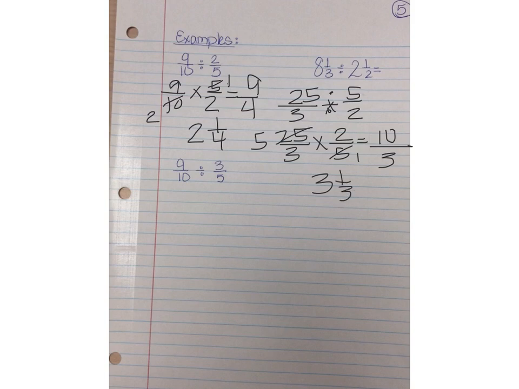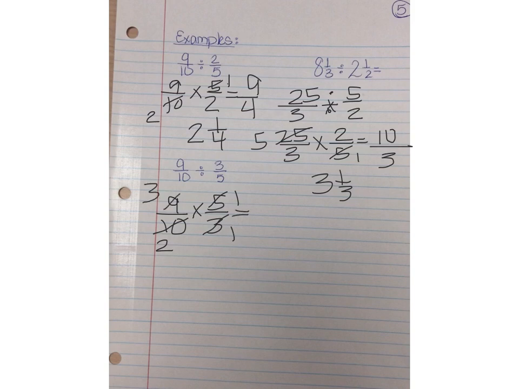Okay, our last one will be 9/10 divided by 3/5. So since they're already fractions, we'll just rewrite it as a multiplication problem using the reciprocal. Can we cross reduce? Yes. 5 goes into 10 and 5, and 3 goes into 3 and 9.